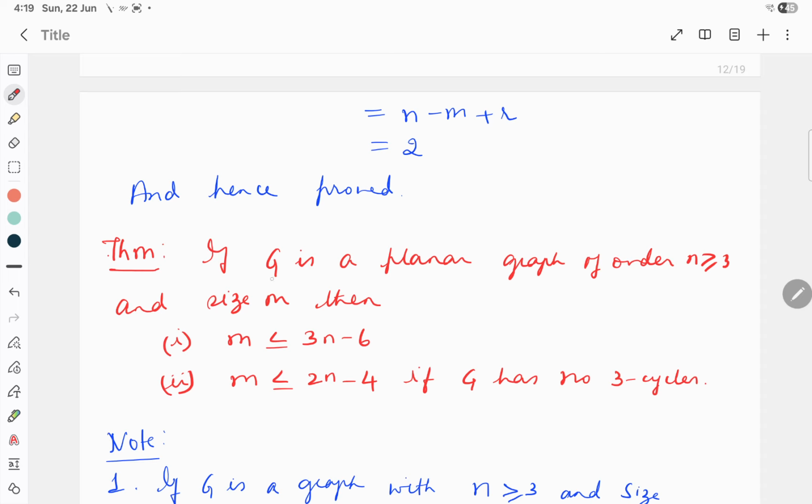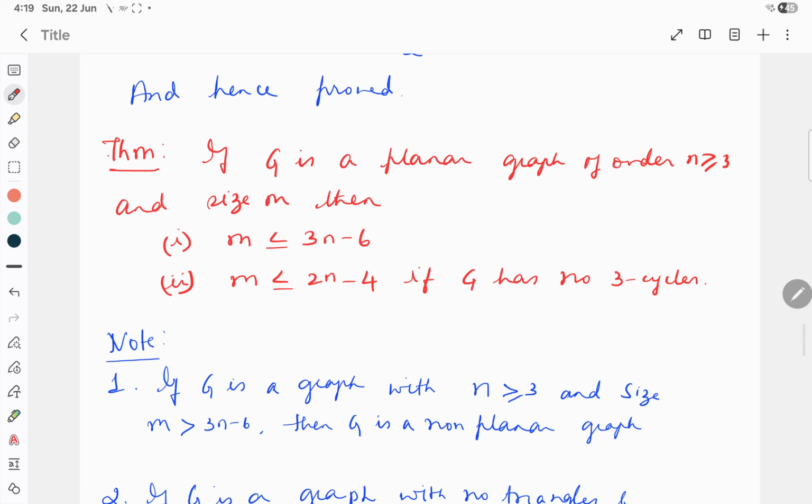So if the graph is a planar graph, then m will be less than or equal to 3n minus 6 provided there are triangles. That is, it has 3-cycles. Then the second condition, m is less than or equal to 2n minus 4 if G has no 3-cycle. Okay, this first condition is for 3-cycles and the second condition is for no 3-cycles.